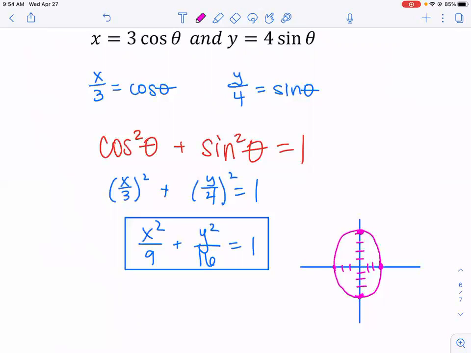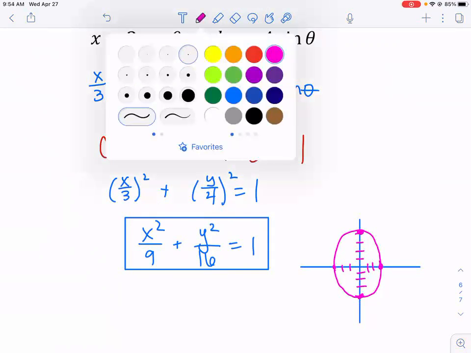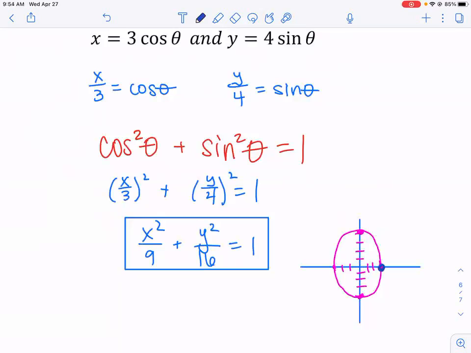The best way to figure out your orientation after you've eliminated the parameter is going back to the original set of parametric equations and plugging in two values. So when I plug in 0 for theta, I would get 3 cosine 0 and 4 sine 0. So we would get the coordinate 3, 0.